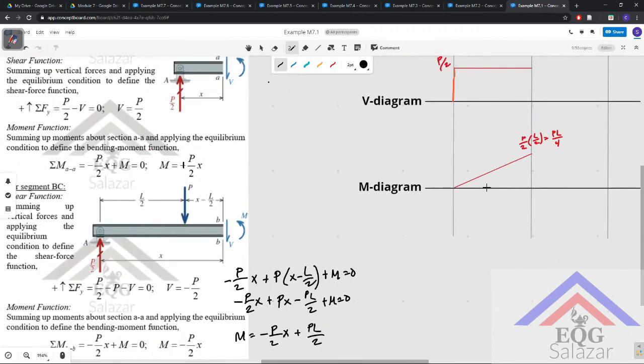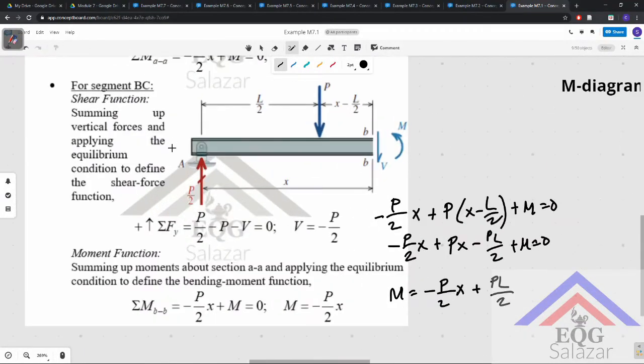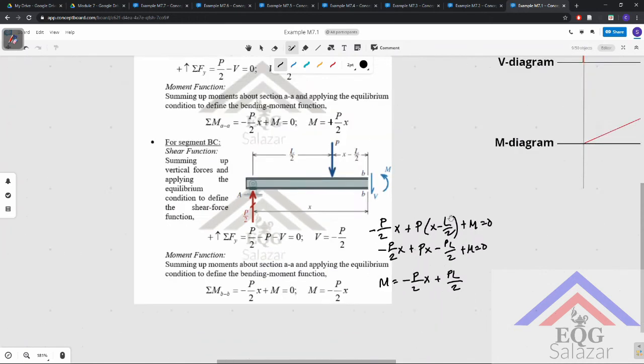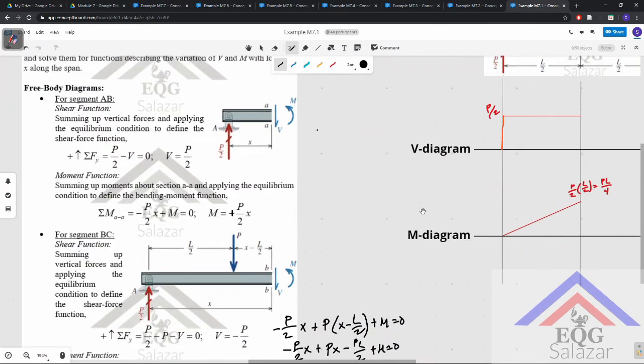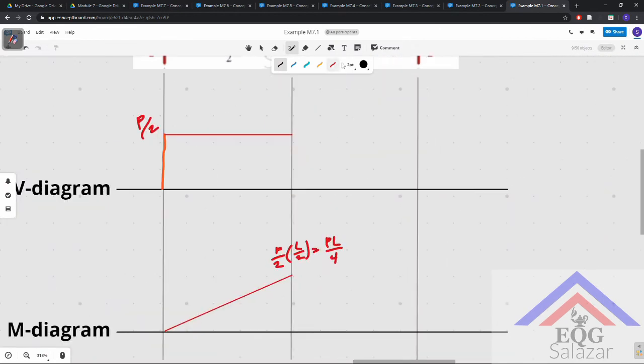Shear function for segment BC and the moment function for segment BC as well. So here we have negative P over 2. We see that there is a discontinuity.